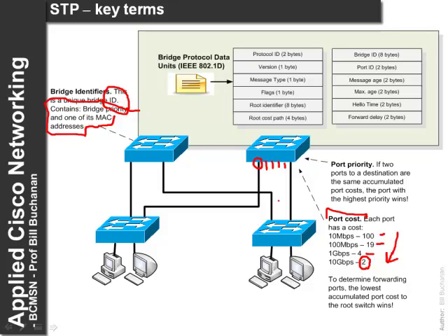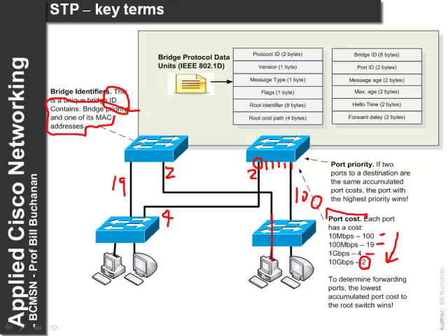So when we select the port that will be used for forwarding, basically it's the lowest accumulated port cost for the whole of the route. So in this case we might have a port cost of 2 here, 2 here, possibly a 4 here, say a 19 here, a 100 here, and so on.